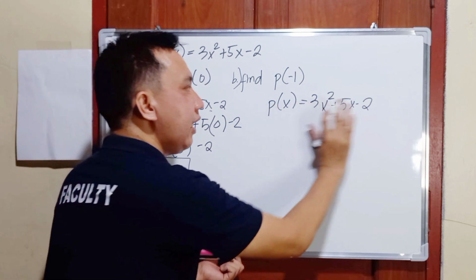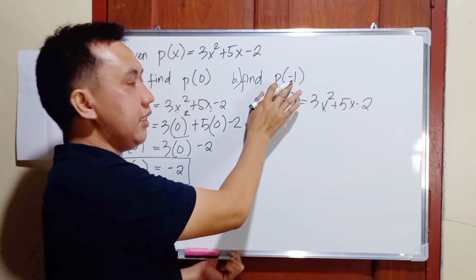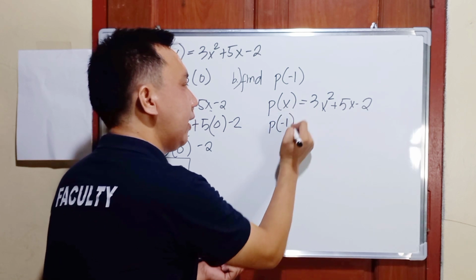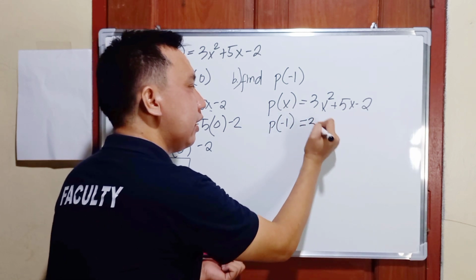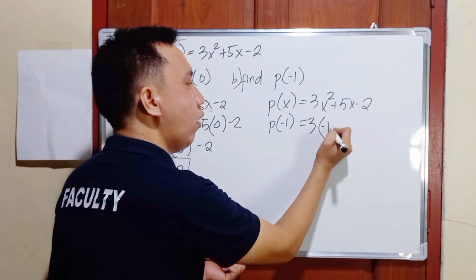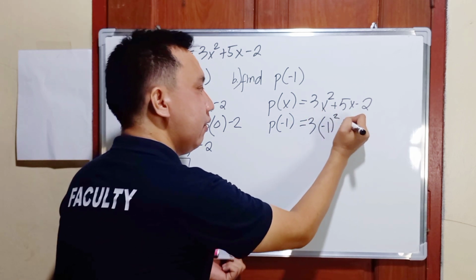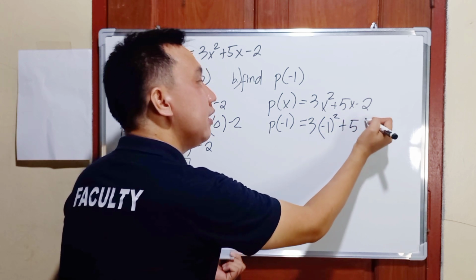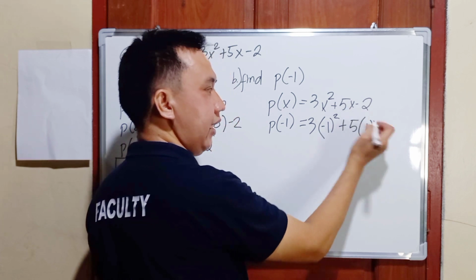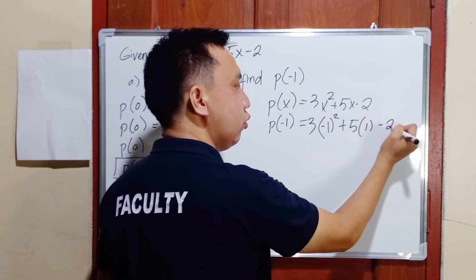So, lahat ng mga x, isasubstitute natin ng negative 1. So, ito, P of negative 1 is equal to 3 times our x is negative 1 squared plus 5 times negative 1. Kasi meron na namang x minus 2.